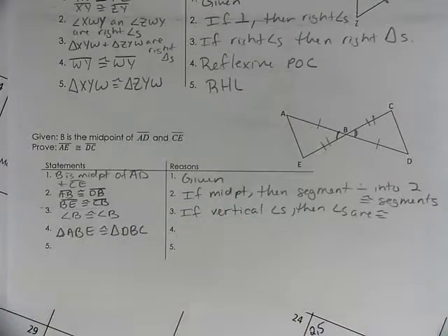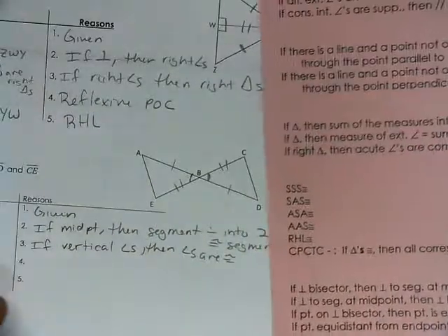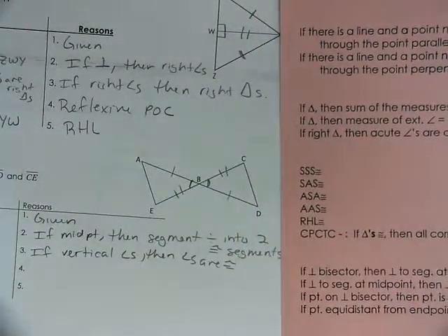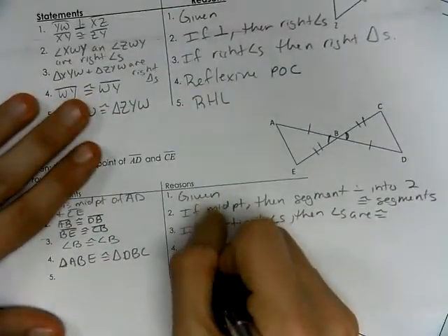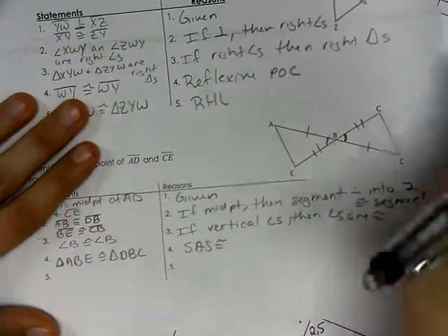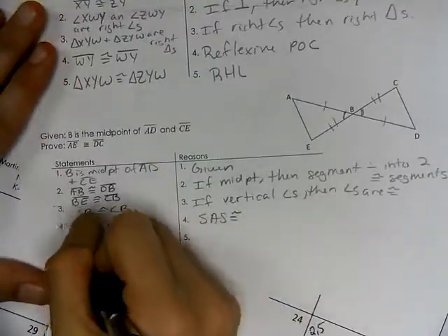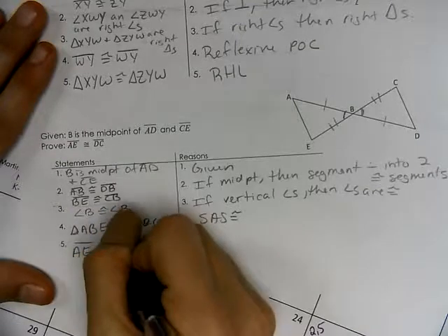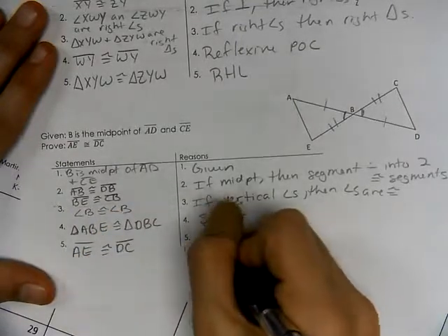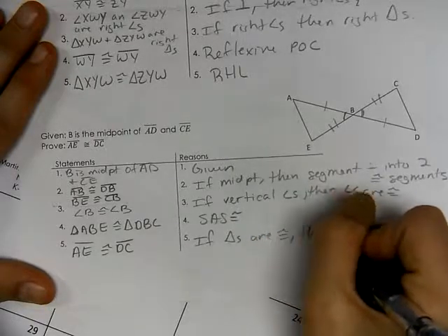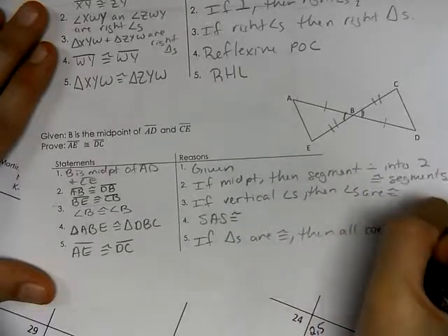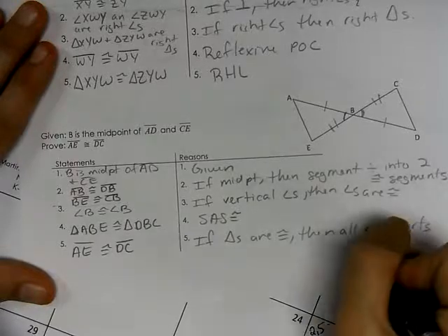By which method? Everybody see side angle side? Side angle side congruence. So then AE is congruent to DC, because if the triangles are congruent, then all corresponding parts are congruent.